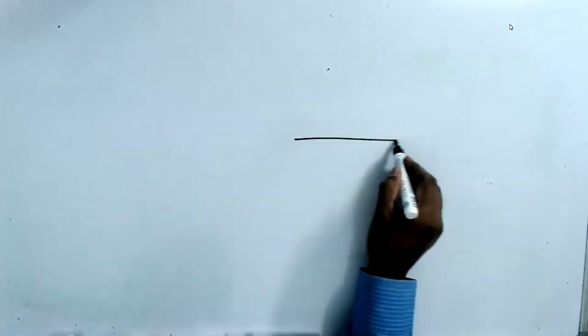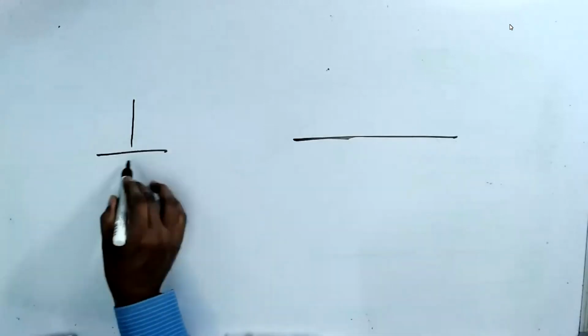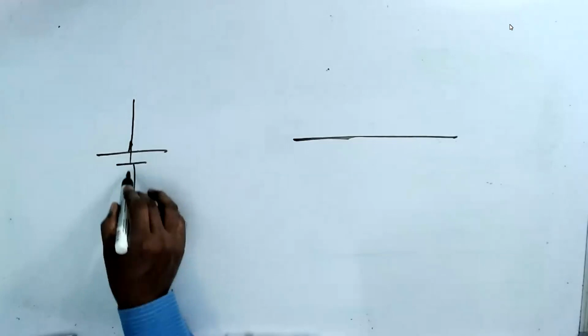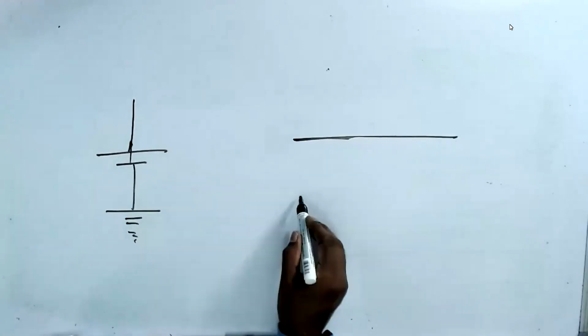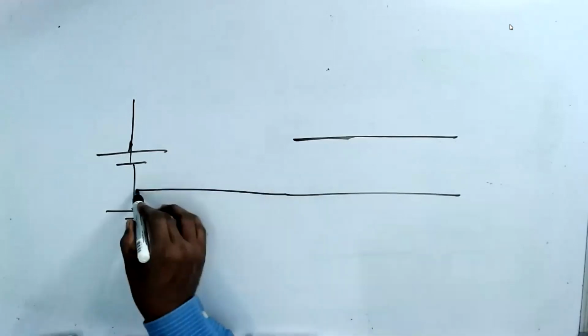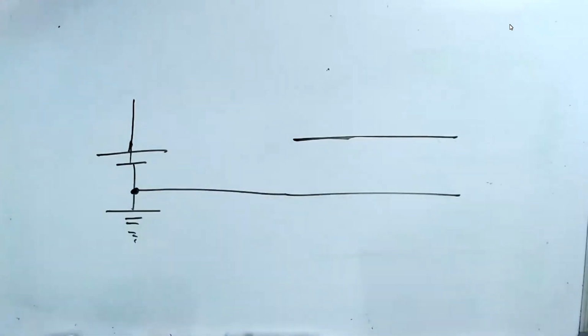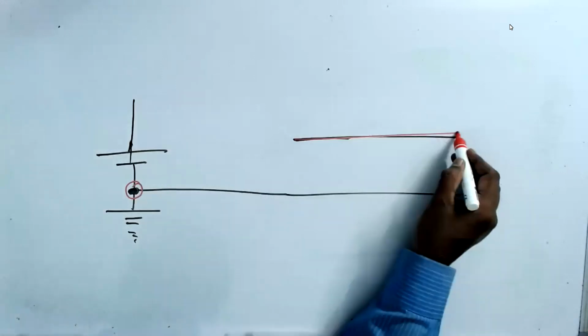But understand, a wire which is not connected. You buy a small wire which is not connected, and I have a battery and a ground, and I connect a wire to this pin. Understand, there are two things. I have a wire which is connected to the ground, and I have a wire which is not connected.